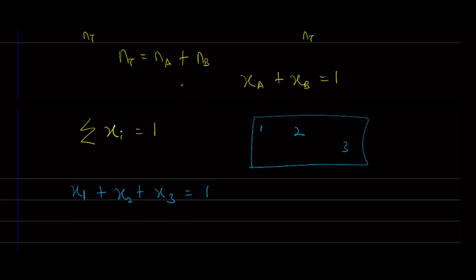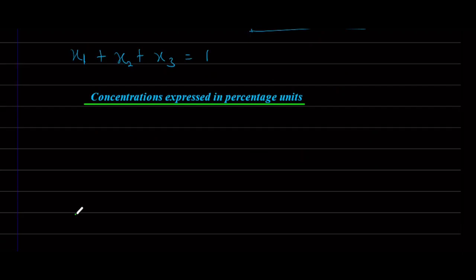Now, we have considered the concentrations that are expressed in chemical units. Let's also look at concentrations that are expressed in percentage. The first one we are to consider is percentage concentration weight per weight.